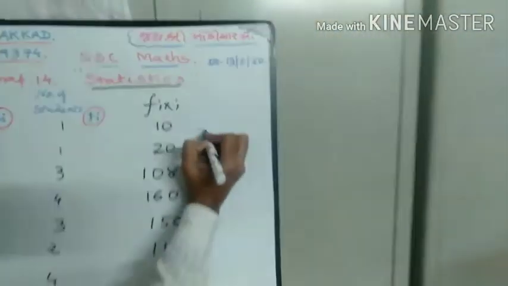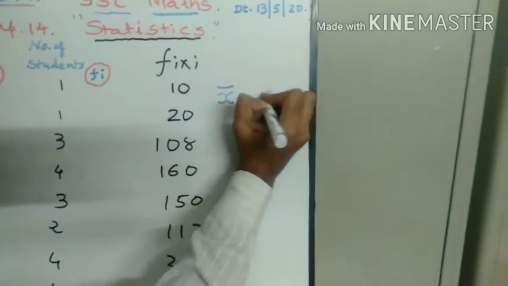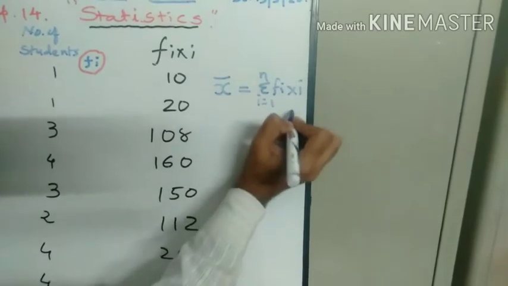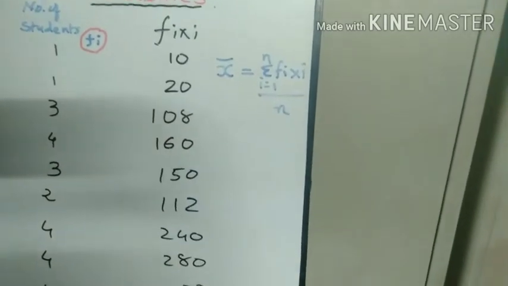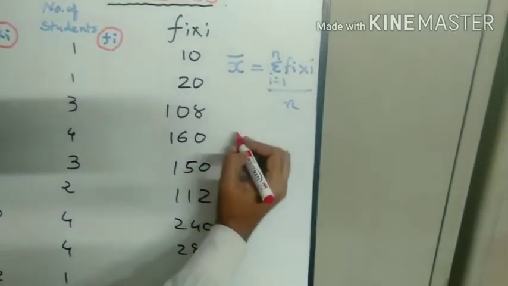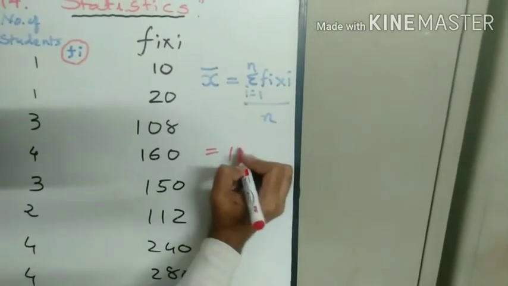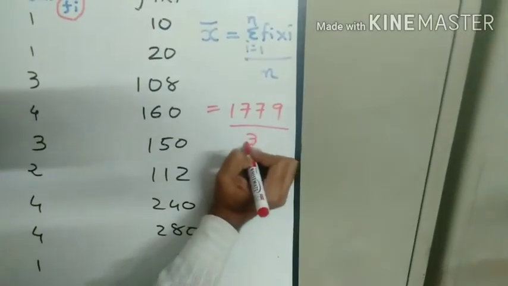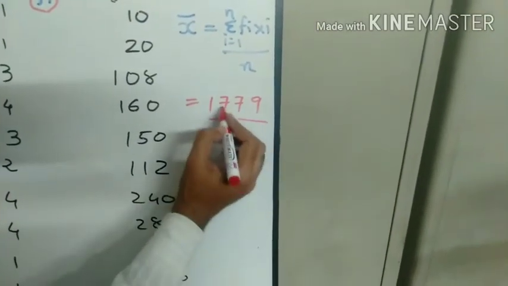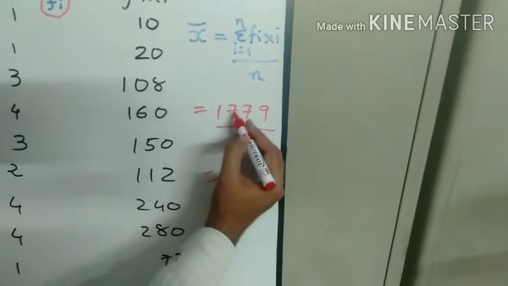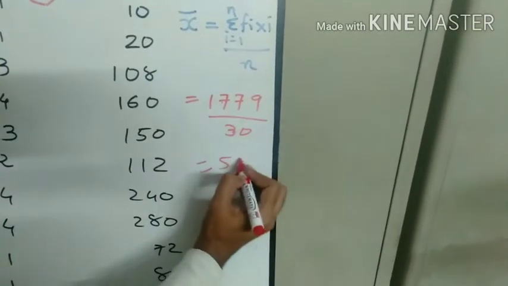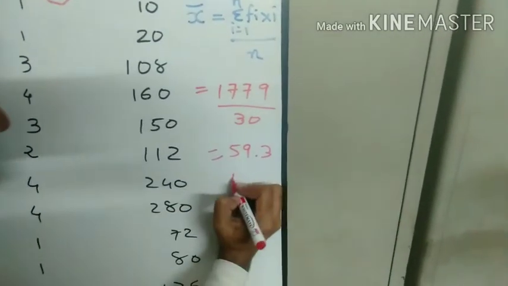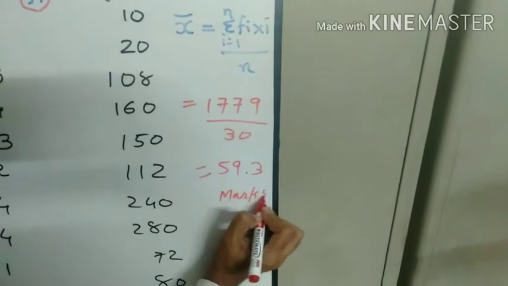Now we will write the formula: x bar is equal to sigma fi xi, i is equal to 1 to n, upon n, is equal to 1779 upon 30. Dividing, we get 59.3. What is the data?